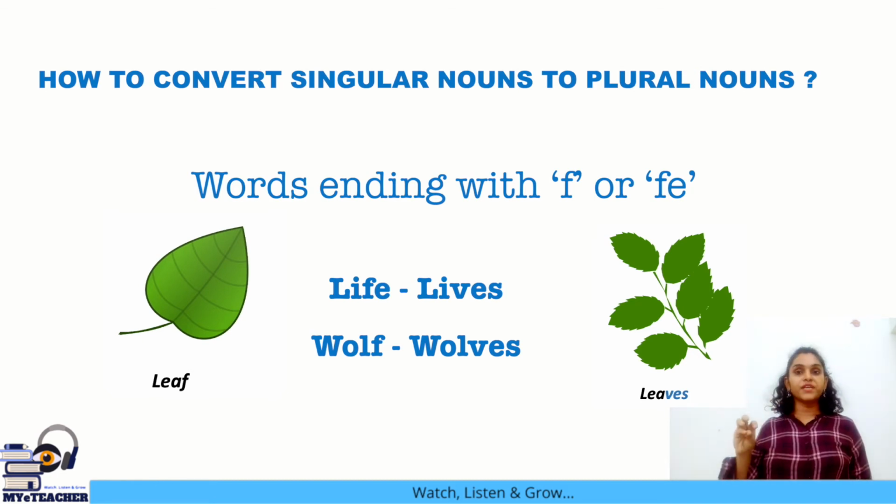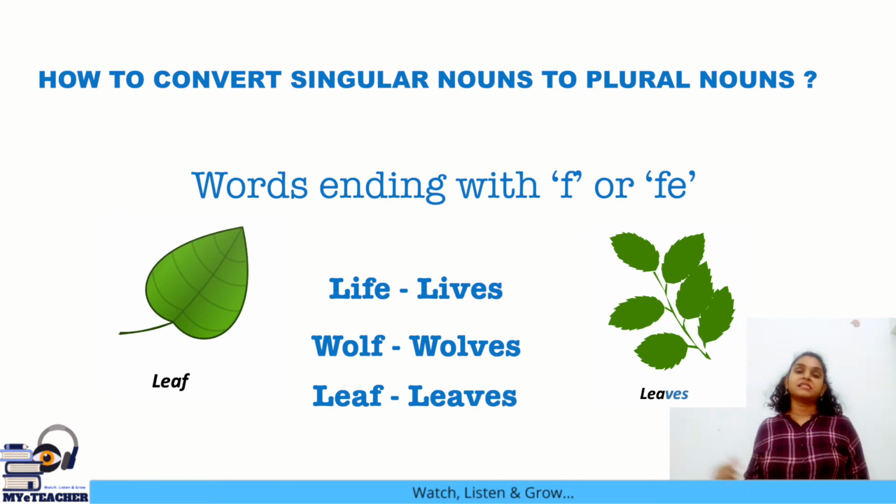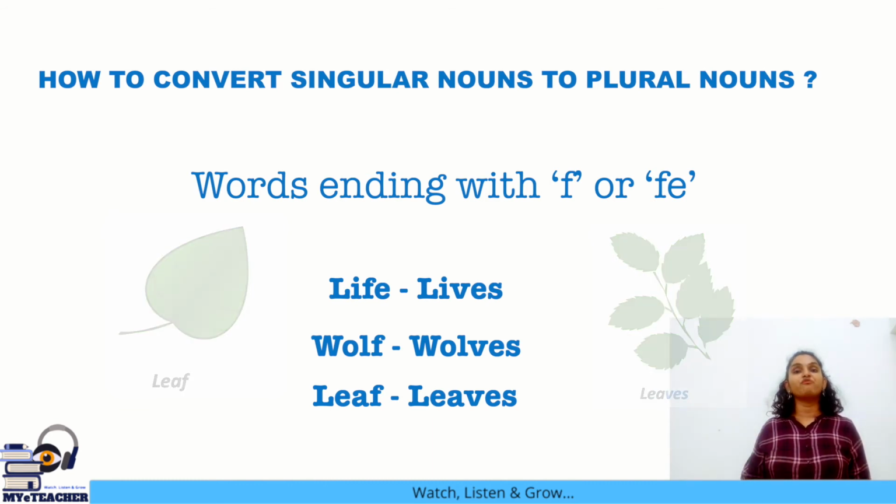So we took off the F-E, instead we added V-E-S. Wolf becomes wolves, W-O-L-V-E-S. Leaf, L-E-A-F, becomes L-E-A-V-E-S, leaves. So for words ending in F or FE, we take out the F or FE and instead add VES.